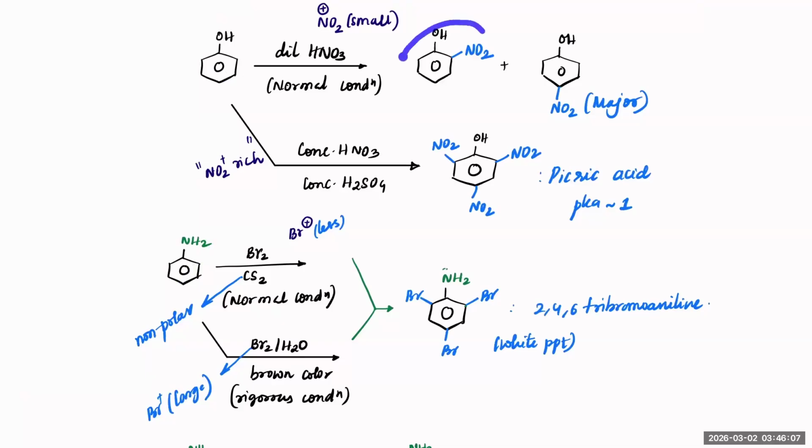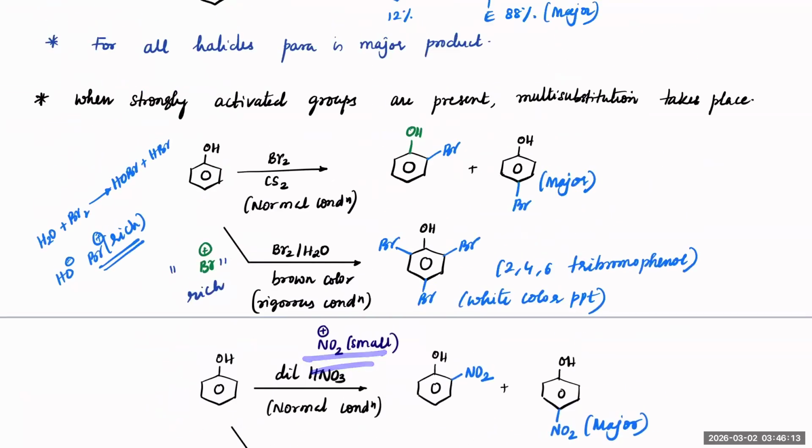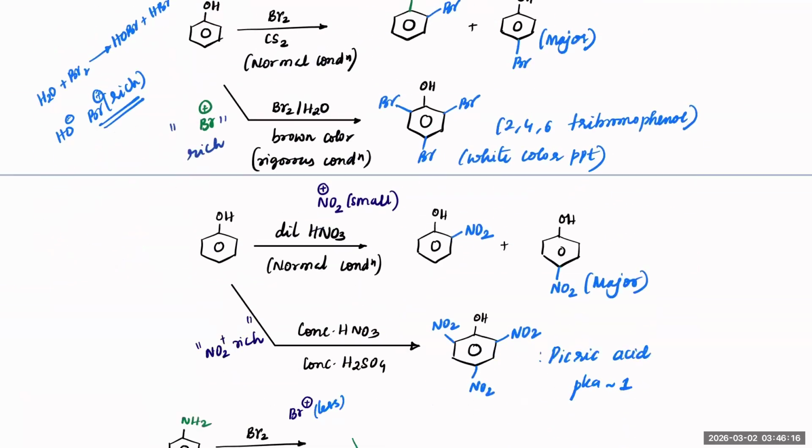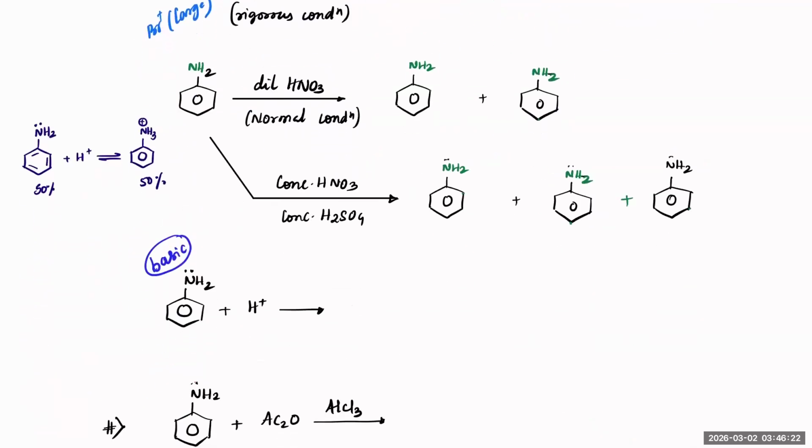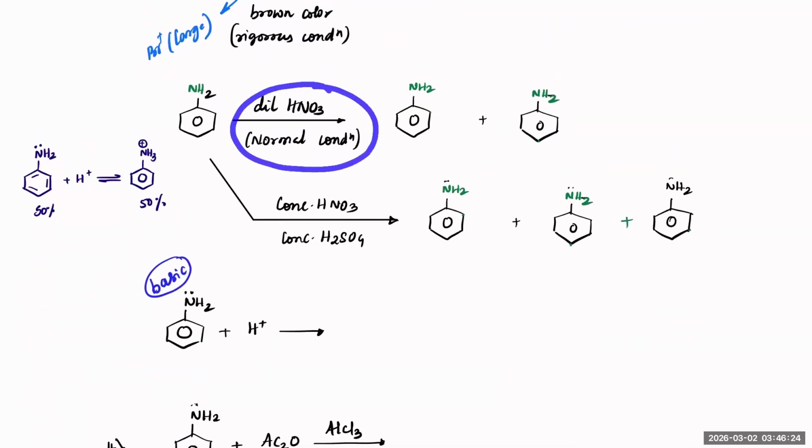In the case of phenol with CS2, you will only get ortho or para. But in the case of aniline, in both the cases, you will get 2,4,6 tribromo. And next, with dilute HNO3, in the case of NH2, we will get ortho and para only, just like this.